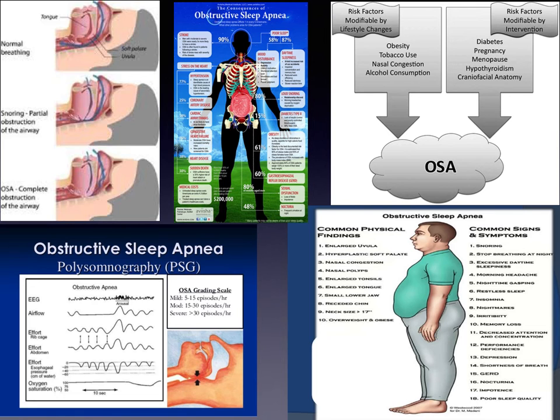As far as management, we already kind of talked about it. It really depends on the severity and duration, how bad the symptoms are. If the patient's overweight and we educate them toward weight loss, studies show that about 10% weight loss is associated with a 26% reduction in apnea-hypopnea index scores.